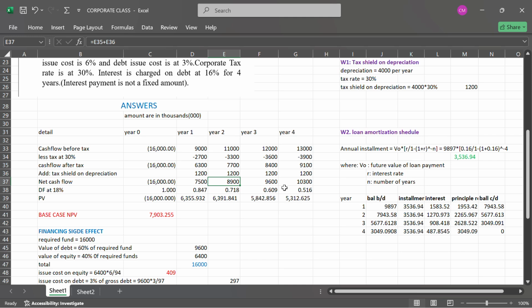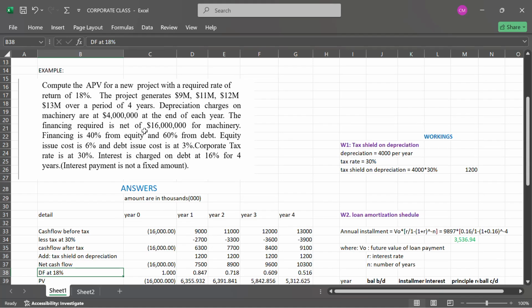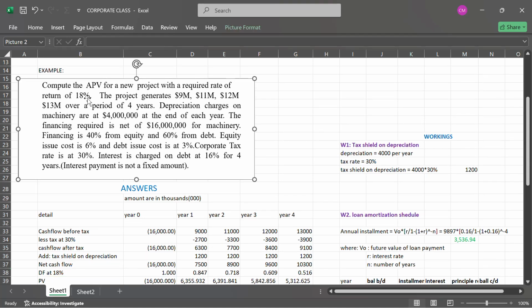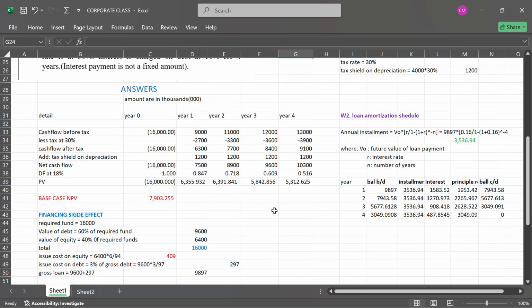Then this cash flow must be discounted so that they can be taken as the amount in present. So the discount rate, as we have been given, is 18%. This 18% is the rate that is going to be used to discount these cash flows.